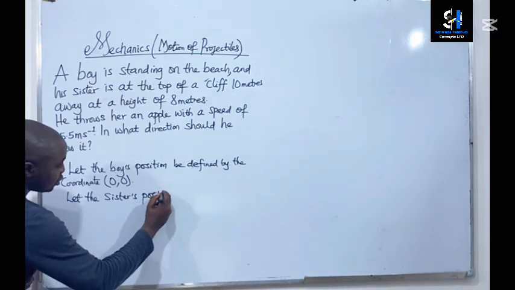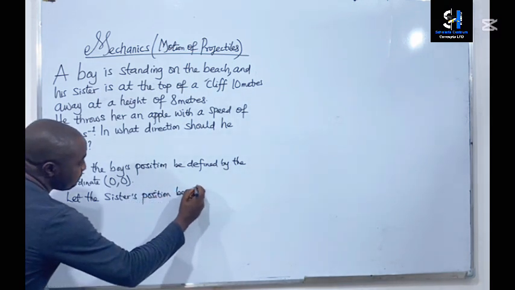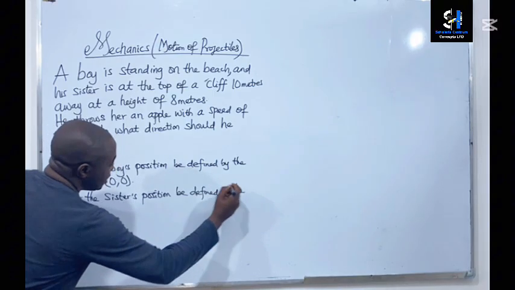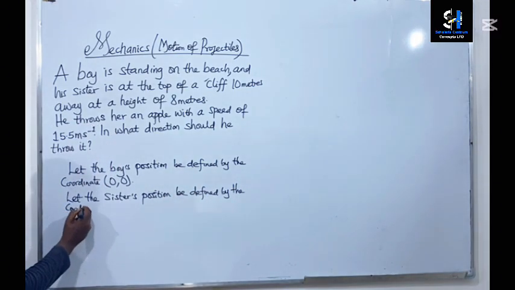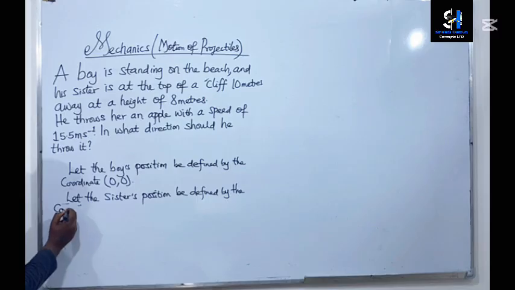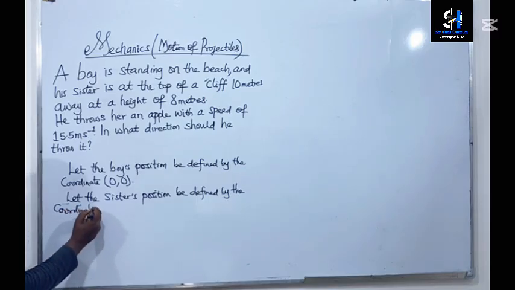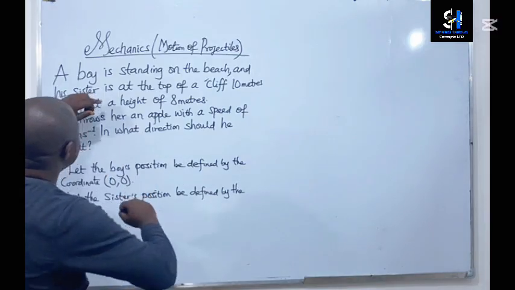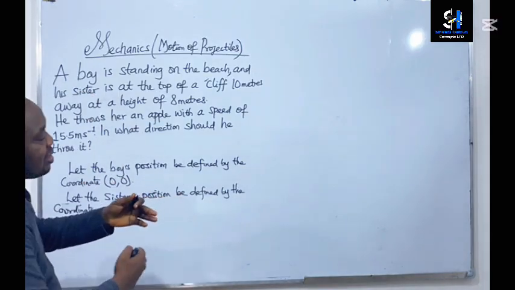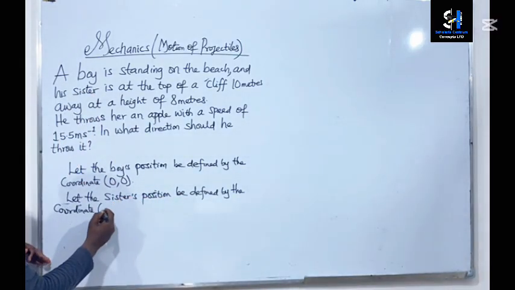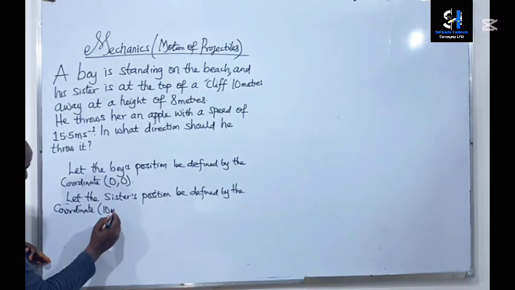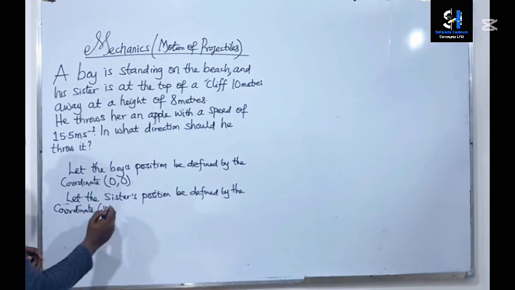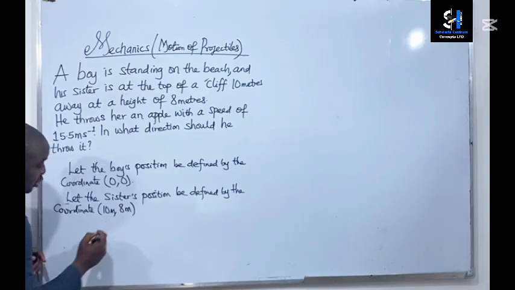Let the sister's position be defined by the coordinates x and y. So the horizontal distance will be 10 meters, at a height of 8 meters, and that will be 8 meters for y.